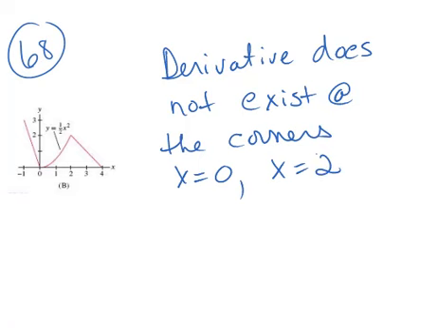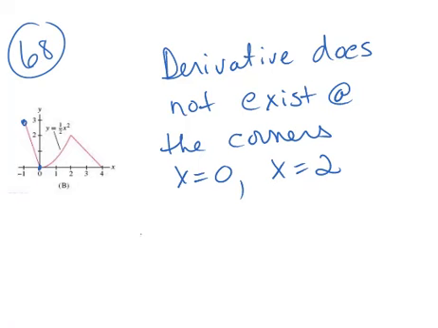Now remember, the derivative is the slope of the tangent line. So when you have a linear function, the derivative is just the slope of that function. So you see the slope here is clearly, we go from the point (-1, 3) to (0, 0). So that slope is -3.